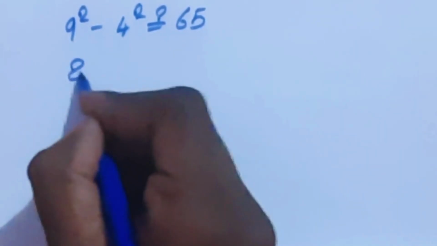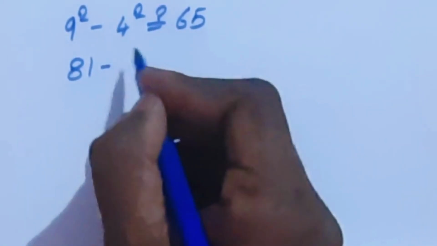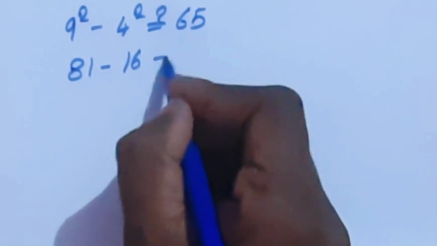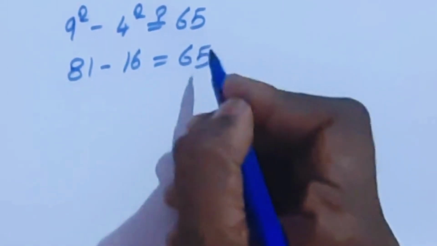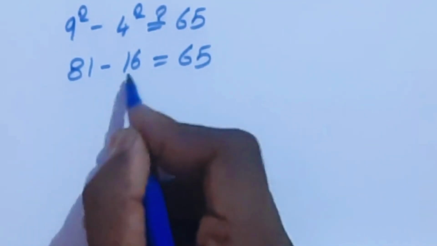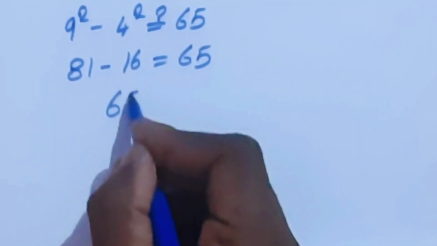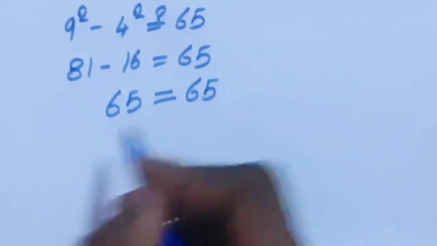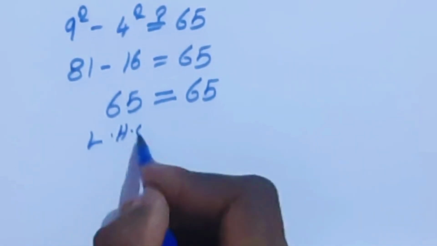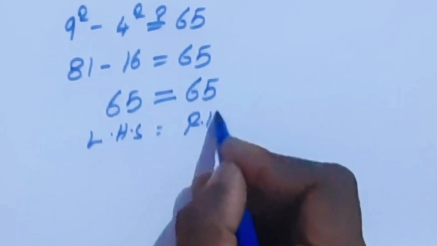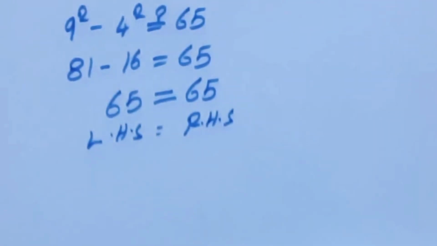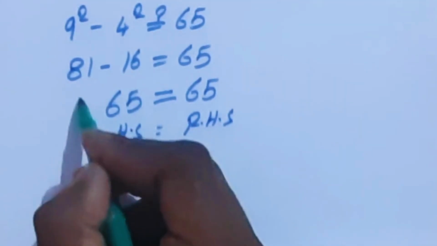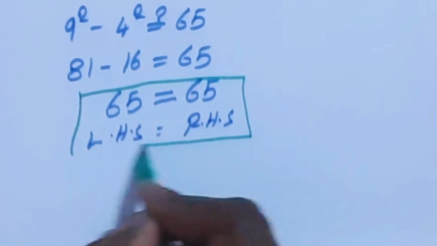Here this 9 square is 81 minus 4 square is 16 equal to 65. Here 81 minus 16 is 65. This equal to 65. So LHS equal to RHS. This is also verified.